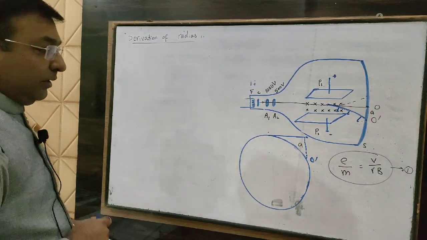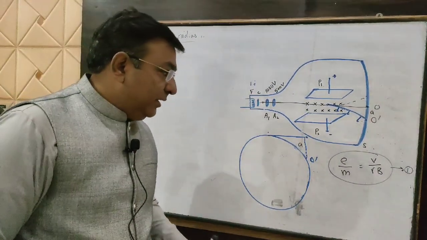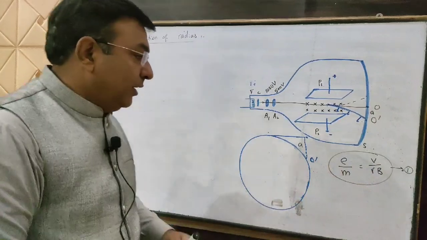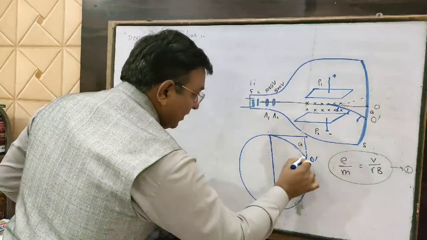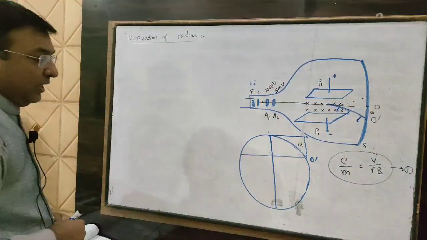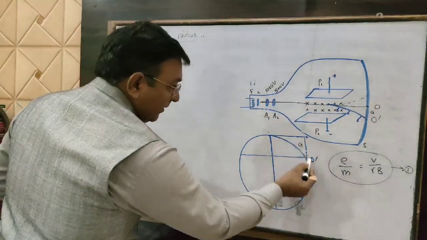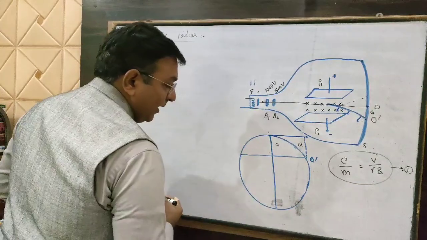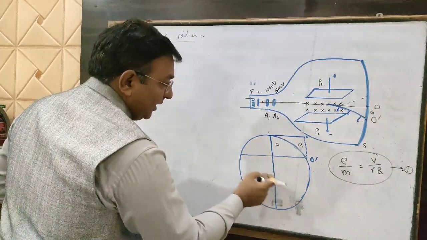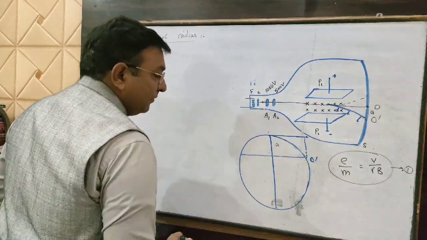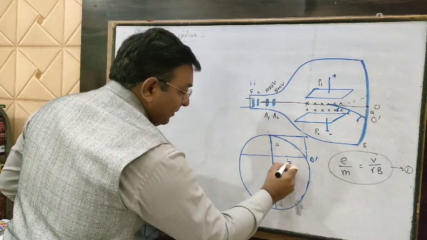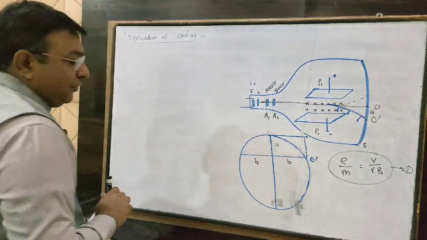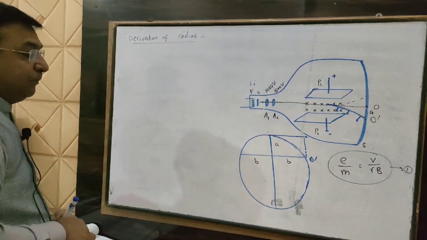Now if we are interested in calculation of arc, then we are taking the arcs of this circle. In this case, this A is equal to this line, that can be represented by letter A, and this value will be represented by two terms which are known as BB.